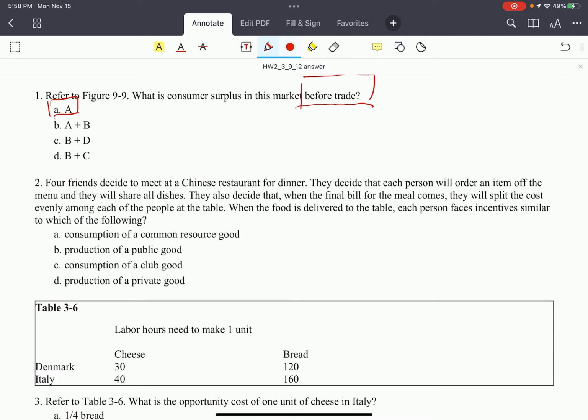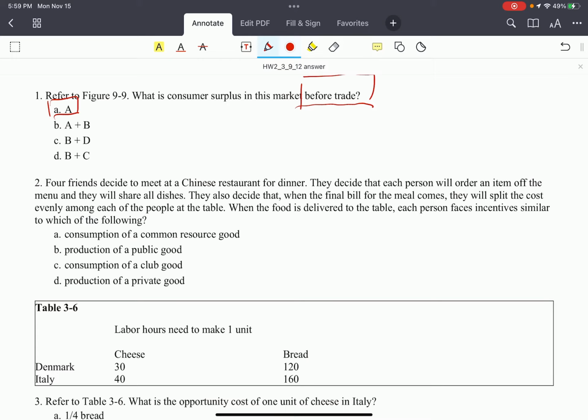excludability. Rivalry basically means that if I eat this, then you won't be able to eat it, right? Excludability means whether you can be prevented from eating this dish. And you can see that in this case, because they decide they will share all dishes, it's not excludable.